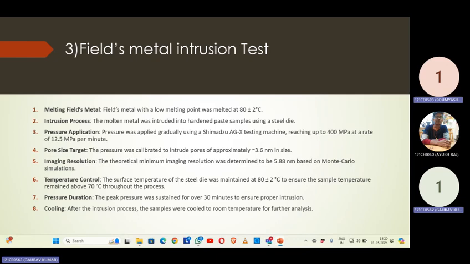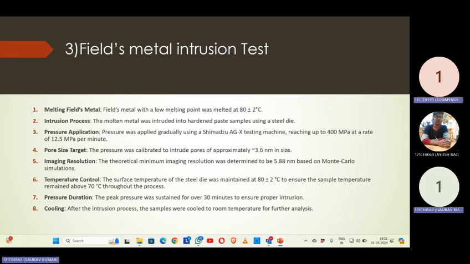Fourth is pore size target. The pressure was calibrated to include pores of approximately 3.6 nanometers in size. Fifth is imaging resolution. The theoretical minimum imaging resolution was determined to be 5.88 nanometers based on Monte Carlo simulations. Sixth is temperature control.